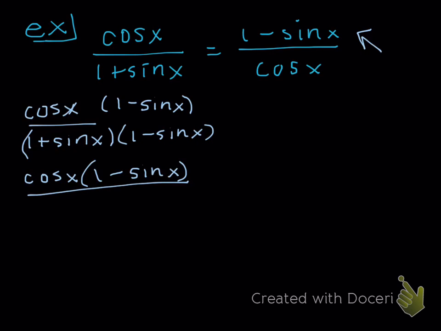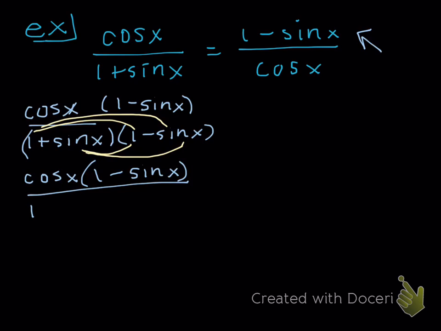So my denominator, I have a binomial times a binomial, so I have to FOIL. For those of you who do the box method, this is where you would do the box method. So if I do my first outer inner last, or double distributing, whatever you call it, 1 times 1, let me get a different marker to connect them. So I'm going to do my 1 times 1, then my 1 times negative sine of x, then sine of x times the 1, and sine times the negative sine.